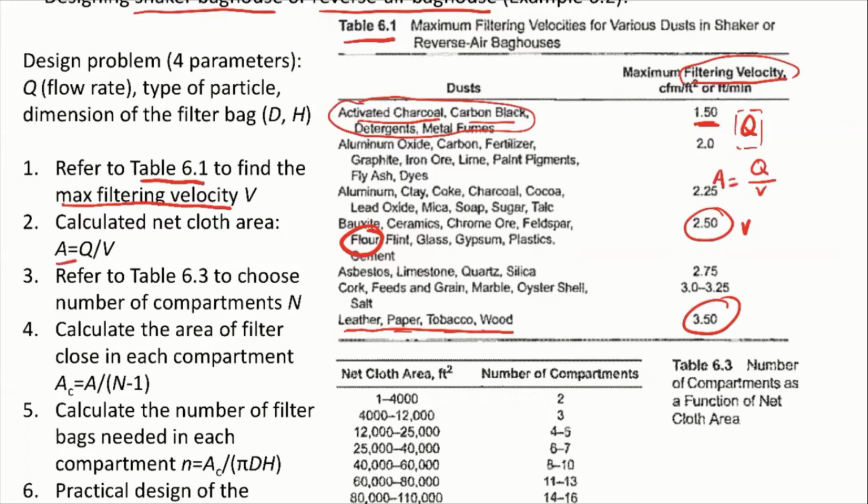This area is the cloth area, or the filter area, to remove the particles. It is quite straightforward, right? We can just directly divide the total flow rate by the phase velocity to calculate the total area that's required by the baghouse filter, okay?